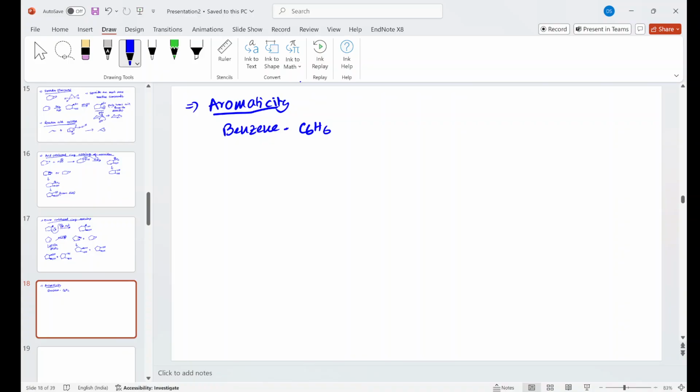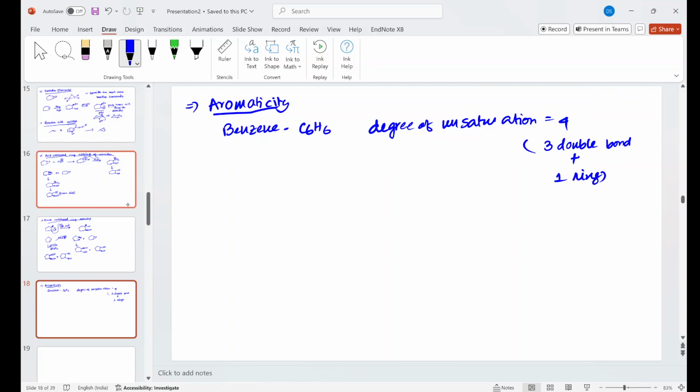Okay. So for benzene, you have the degree of unsaturation. Unsaturation is 4, which is for 3 double bonds, plus 1 ring. So benzene typically has this structure, a planar 6-membered ring, but the thing is that these double bonds can interchange their positions.